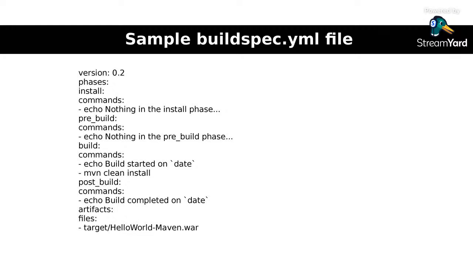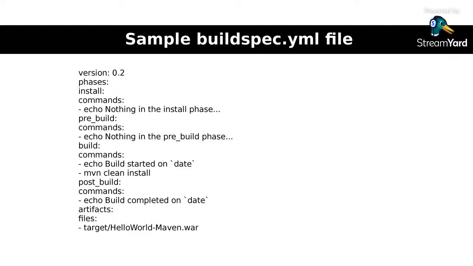We can add one more command here: if the build is not successful, create an SNS notification to inform the developer that the build was not successful. If everything is going fine, you will collect the build artifact and push it to the target S3 bucket, and the S3 bucket will contain your JAR, WAR or ZIP file. So this is my sample file.